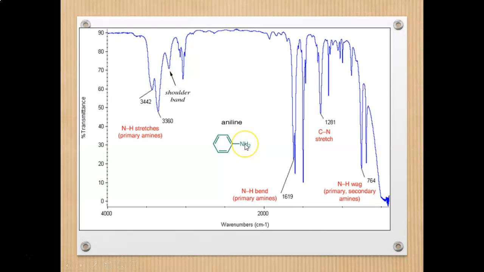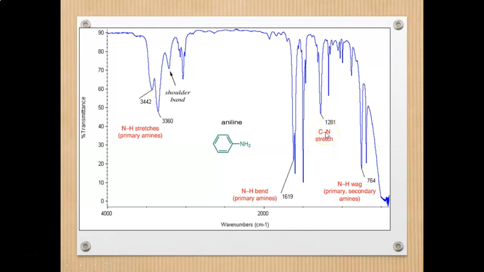So we have NH. It is a primary amine because it contains two hydrogens. Primary amine lies between 3300 to 3500, and this is the NH stretch for primary amine. We also have NH bending for primary amine, and if you don't write this bending, it is okay because we don't focus on bending, we just focus on stretching only.